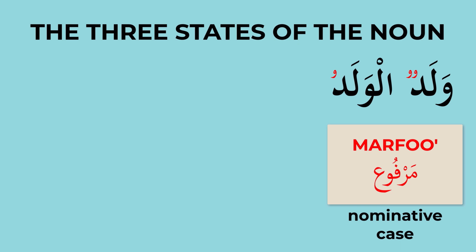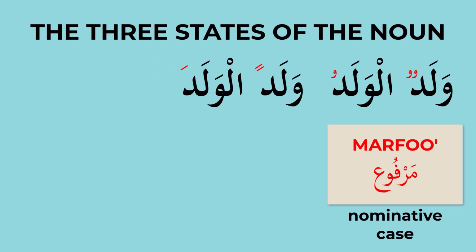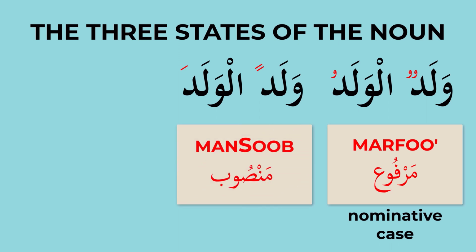Now if the noun ends with a fatah, be it a tanween or one single fatah at the end of a noun, then we say it is mansoob. What is it, brother? It is mansoob.